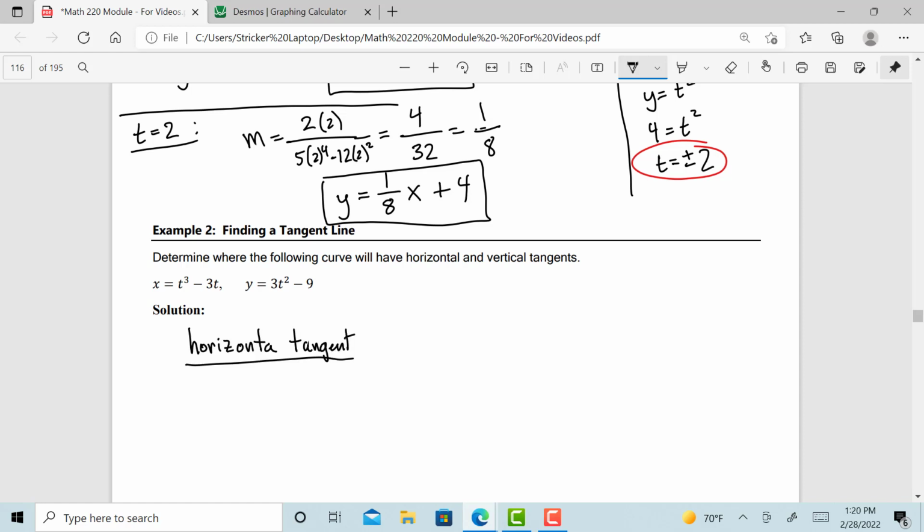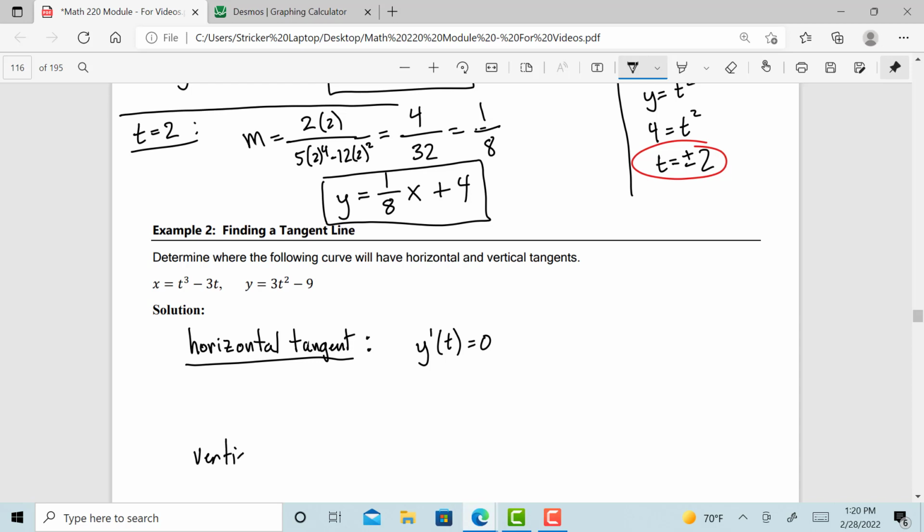Well, that means if it's horizontal, we got a flat line. X is changing, but y is not changing, right? So we would say that this is true whenever y prime of t is equal to 0, whenever y is not changing. In a similar fashion, we can talk about what we have when we have a vertical tangent, right?